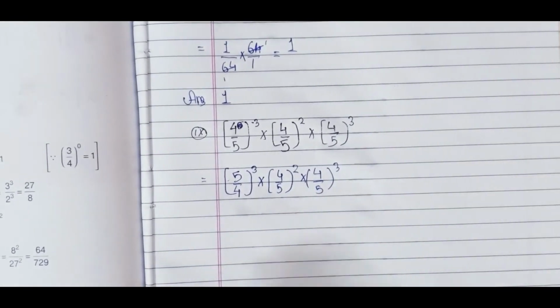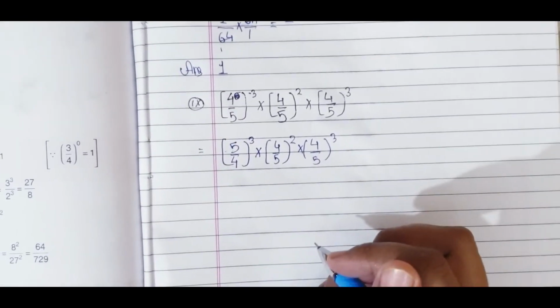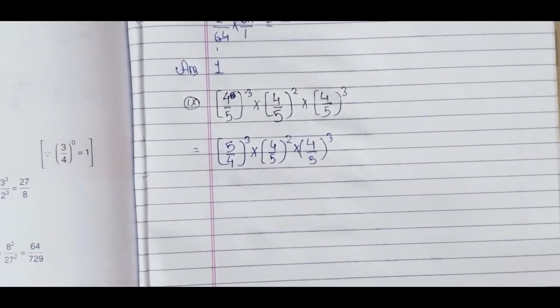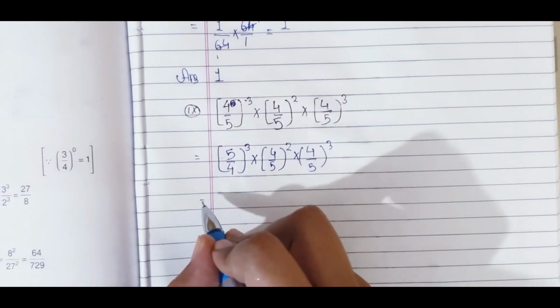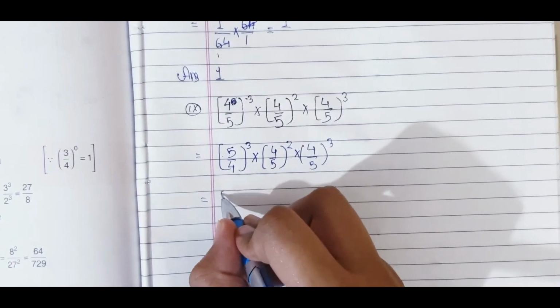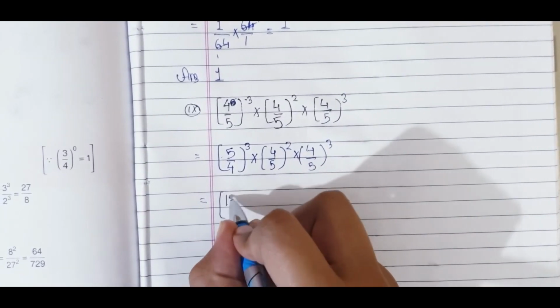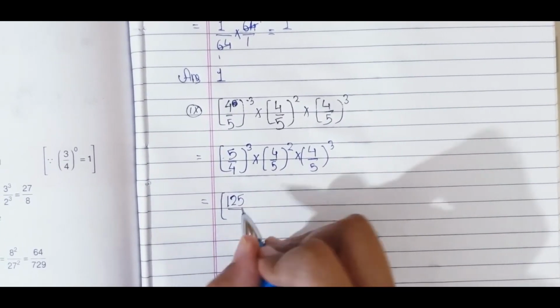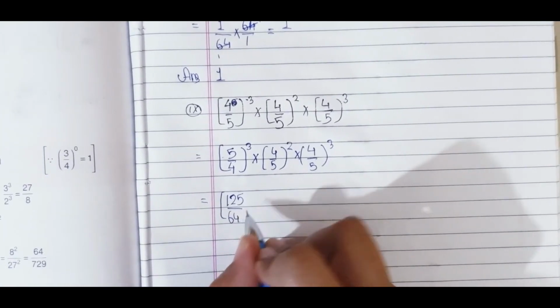Now we will make these numbers into rational numbers. 5 into 5 is 25 and 25 into 5 is 125. 4 into 4 into 4 is 64.